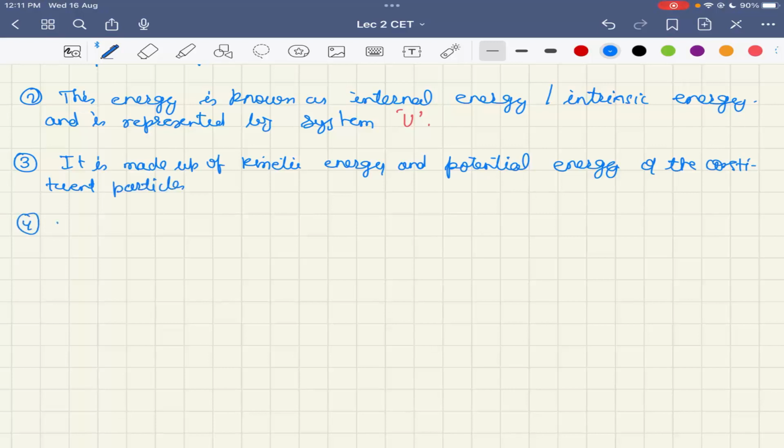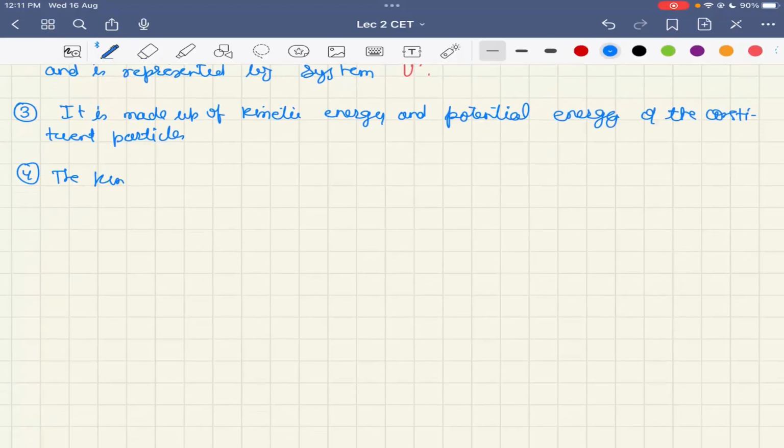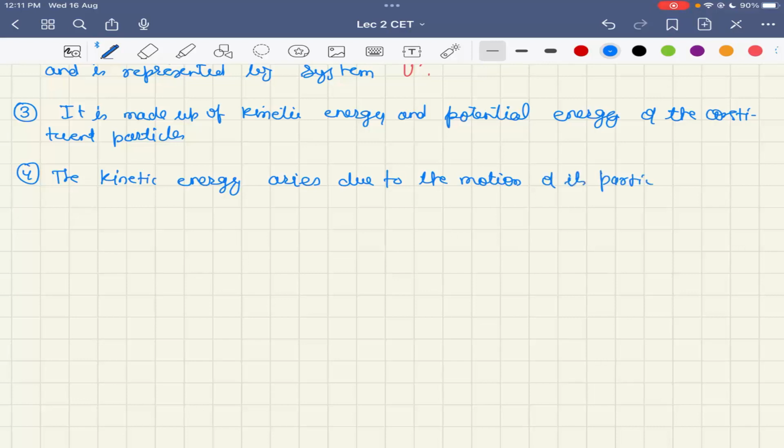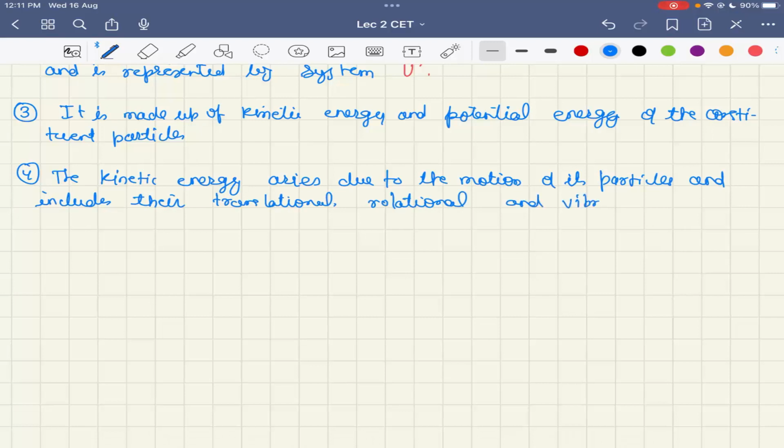The kinetic energy arises due to the motion of its particles, and includes their translational, rotational and vibrational energies.